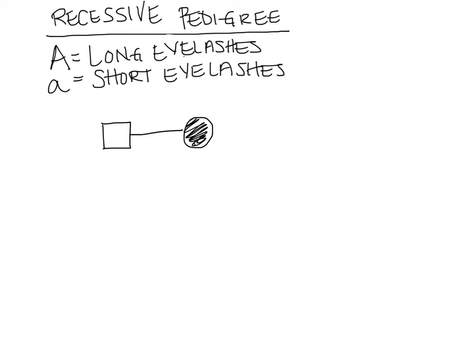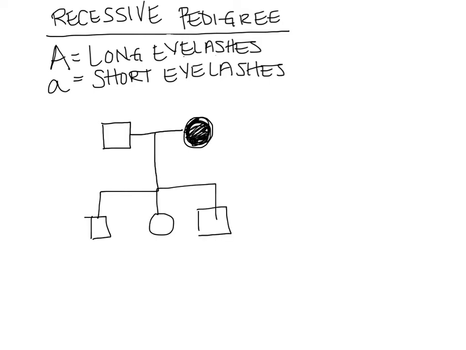We have to shade her in because this is a recessive pedigree and she has the recessive condition. They have, let's say, 3 kids: a boy, a girl, and then another boy. The first 2 kids have long eyelashes. Their 3rd child has short eyelashes. This 3rd child then goes on to marry a long eyelashed woman, and they have a long eyelashed child.